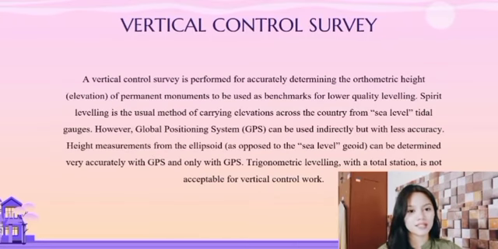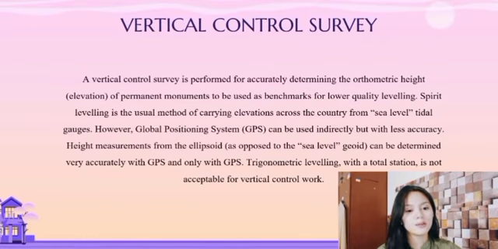Next is vertical. A vertical control survey is performed for accurately determining the orthometric height elevation of permanent monuments to be used as benchmarks for lower quality leveling. Spirit leveling is the usual method of carrying elevation across the country from sea level tidal gauges.